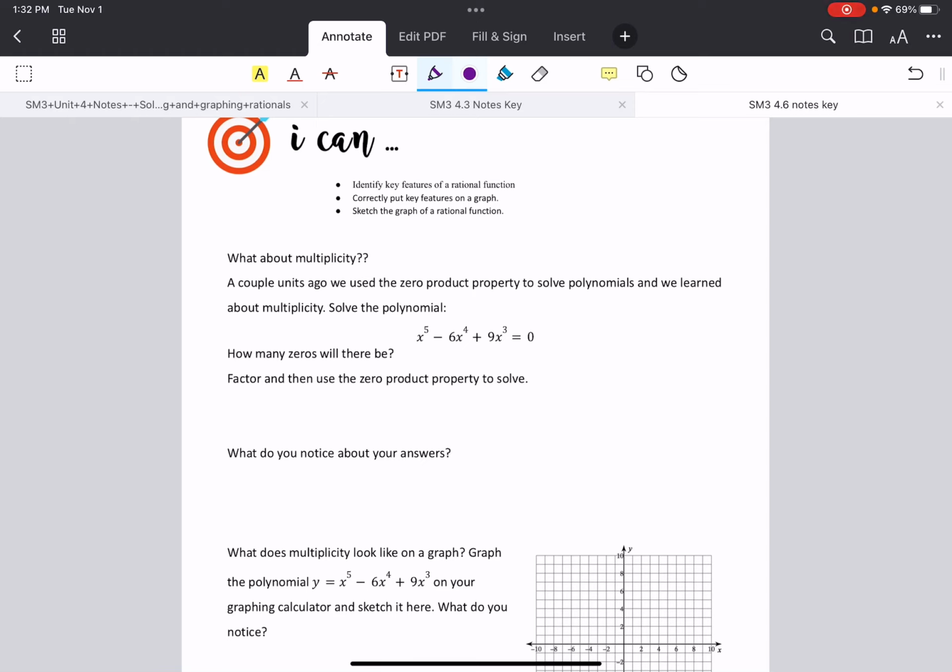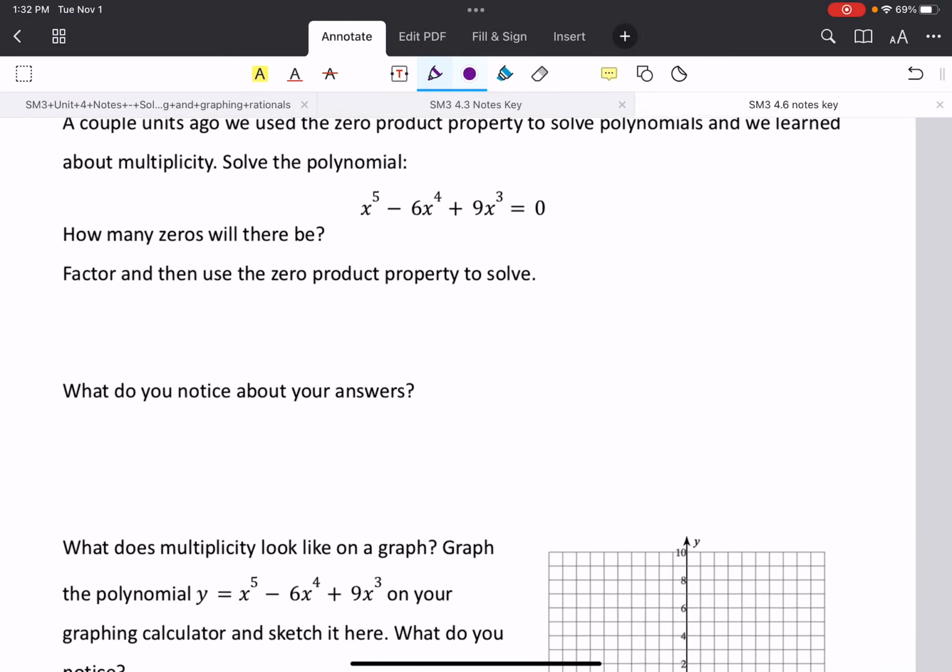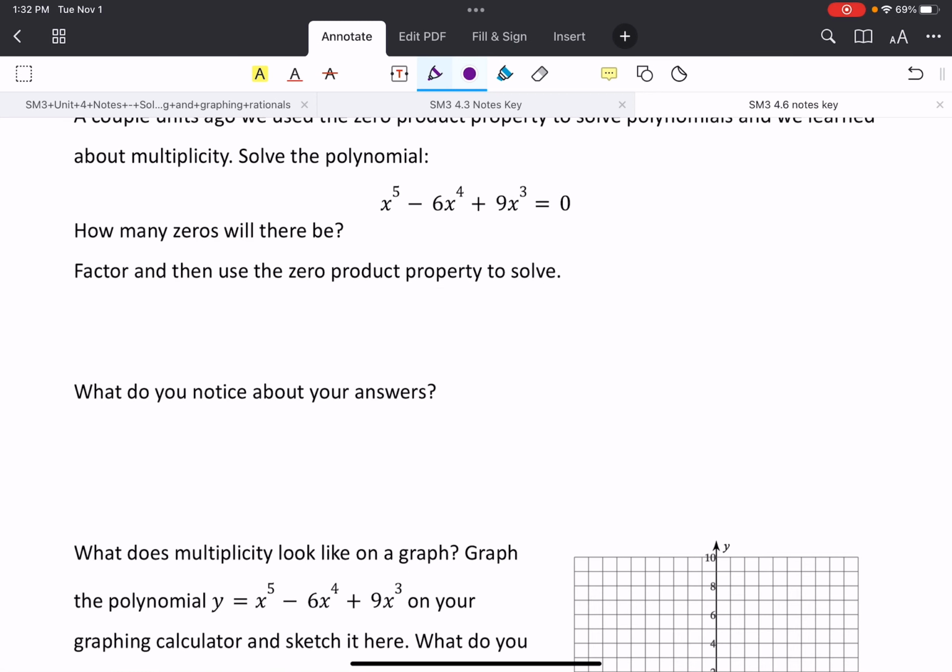How did you know that there was multiplicity? There were exponents. Good. Looking at this equation, x to the 5th minus 6x to the 4th plus 9x to the 3rd. How many zeros are there going to be? 5. Good. Because it equals the highest degree. Yes.